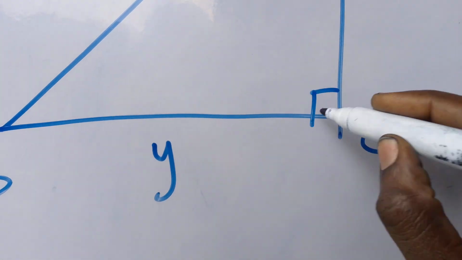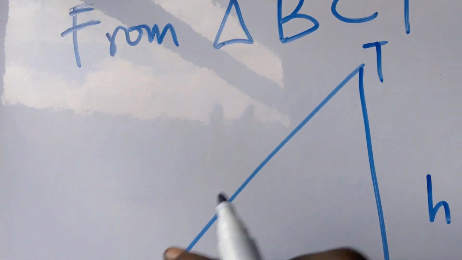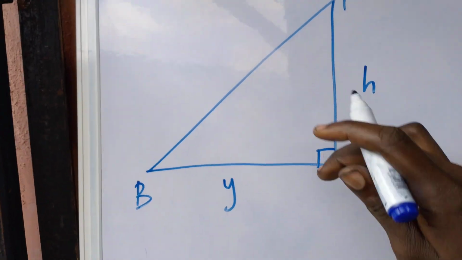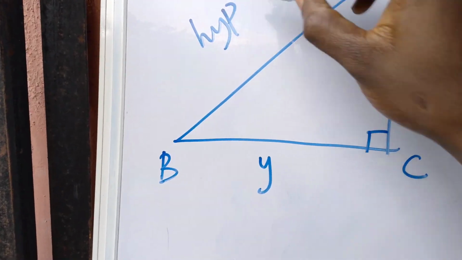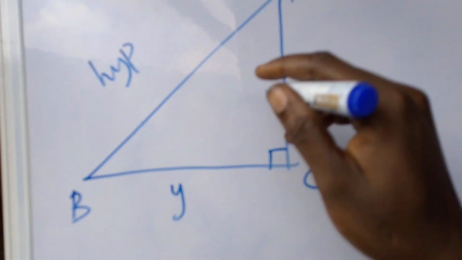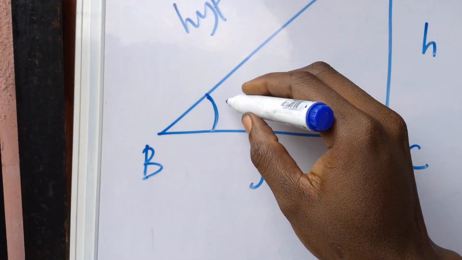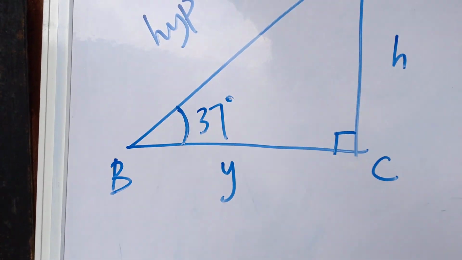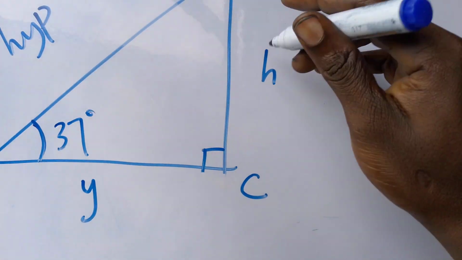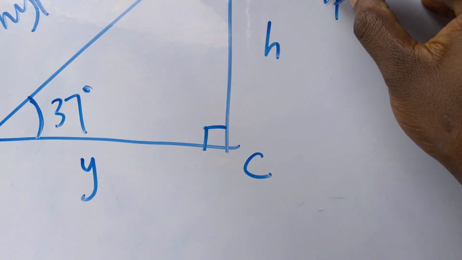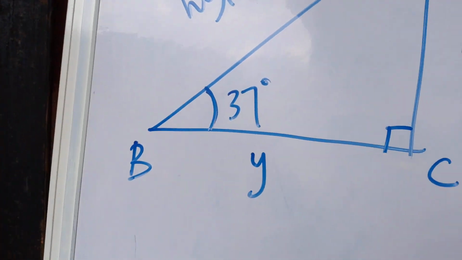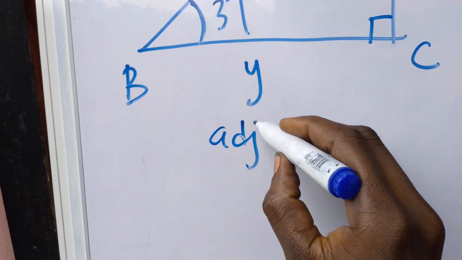This is 90 degrees. The side that faces the 90 degree angle is my hypotenuse. Then the side facing the angle of elevation at point B, 37 degrees, becomes my opposite side, and the remaining side becomes my adjacent.